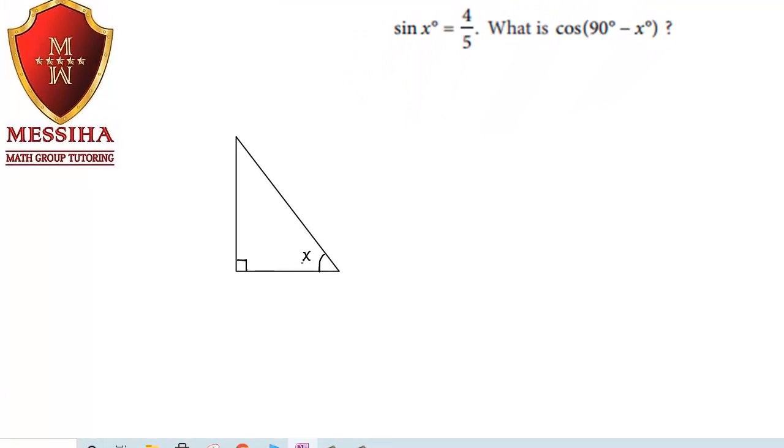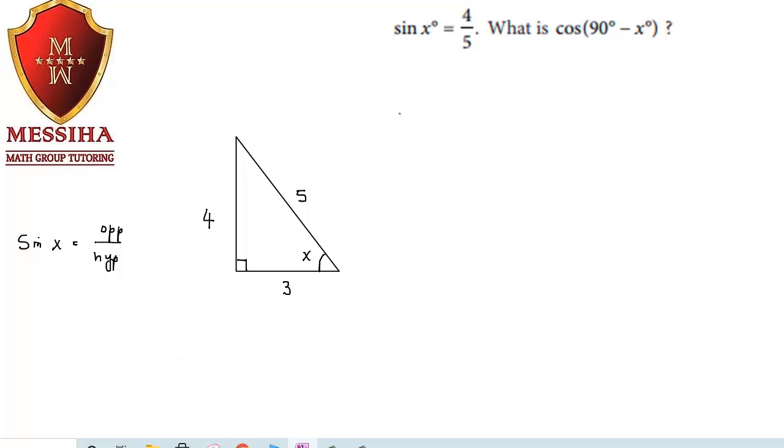And we know the sine of x equals the opposite over the hypotenuse. So 4 over 5 this way. And we know that this is a famous triangle. We call it 3, 4, 5 because of the Pythagorean theorem. So this one is going to be 3 right away.